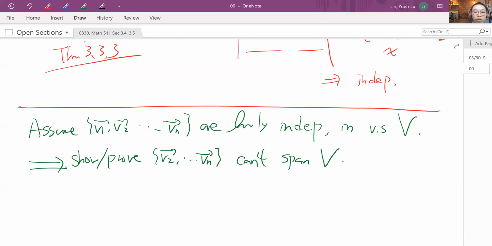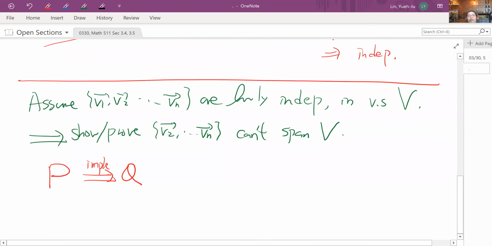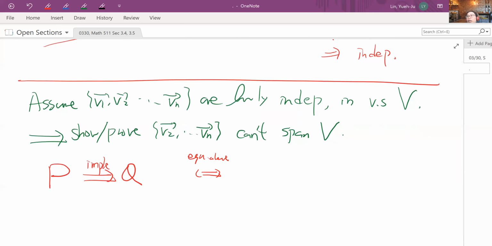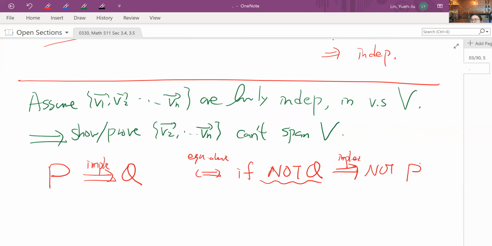In logic, if you have a statement P that implies Q, and I want to say if I have P then Q is right, one equivalent way to show this is to show that if not Q, or the negation of Q, implies not P. For example, if I live in Wichita, I live in Kansas.